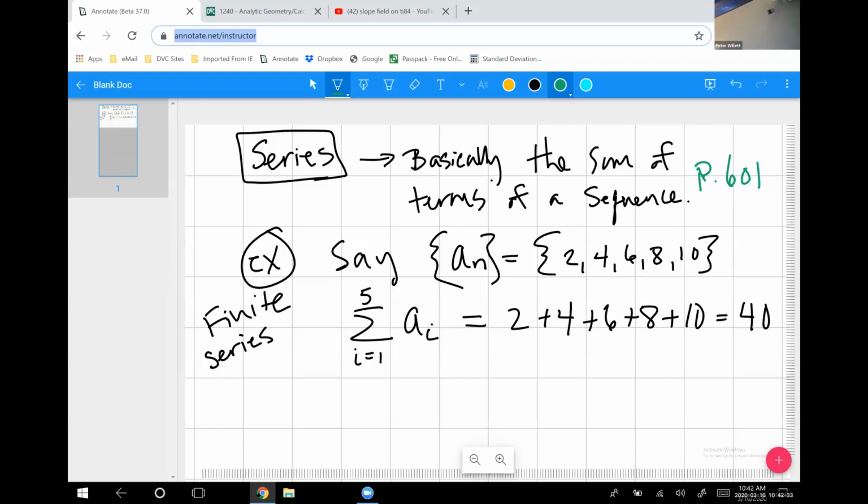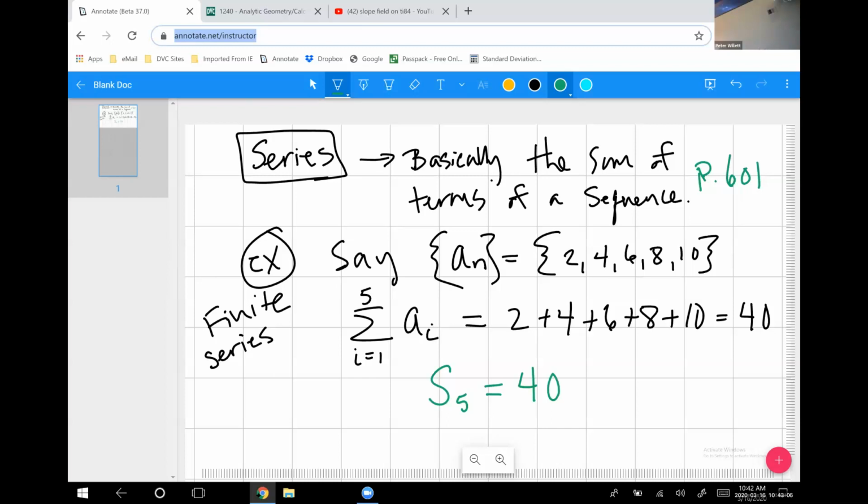And we'll usually use a big capital S with a potential subscript to refer to this series. So in this case, there are 5 terms of this sequence. I could write S sub 5, and that would mean that the 5 terms of this sequence added up to 40.